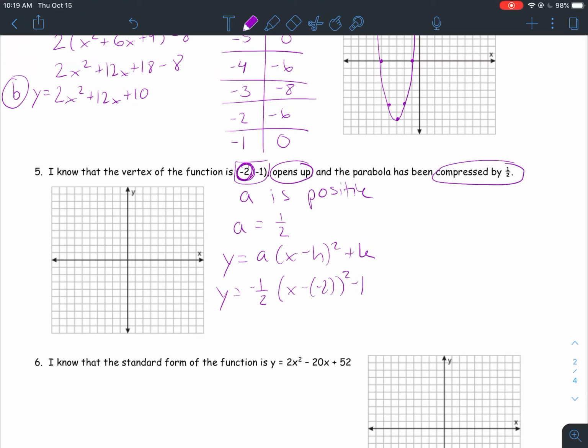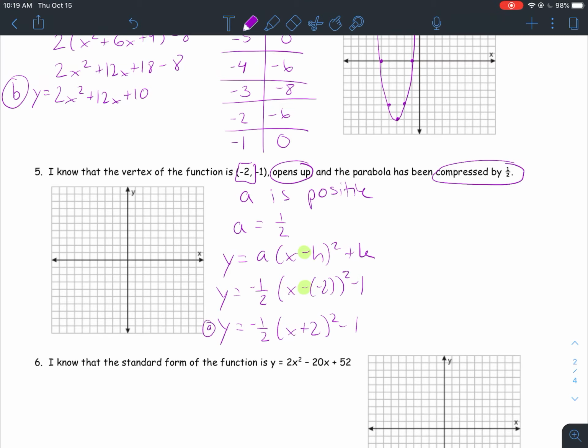When I put my h value in, notice how this negative sign in the original formula is what changes the sign. That's why, even though it's a −2 as a point in the function, it's a +2, and vice versa. All right, so this is our answer to A.